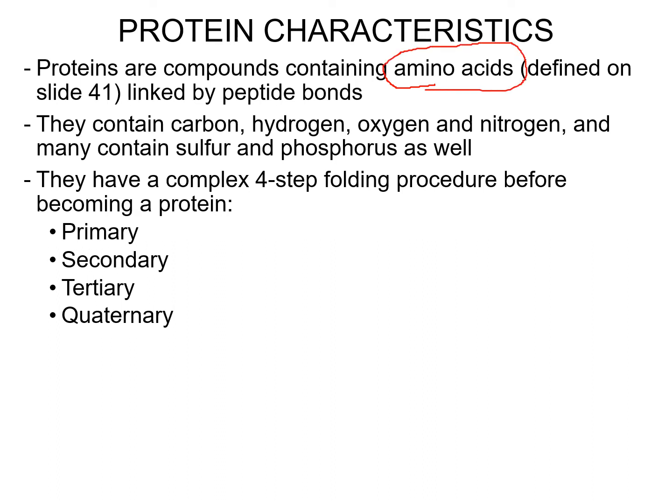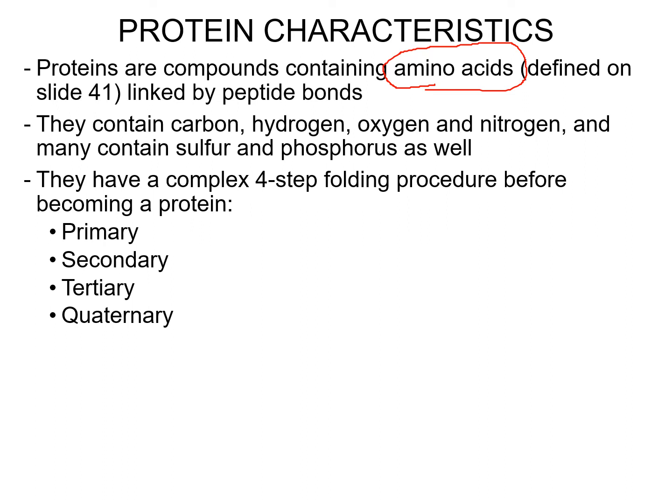You put a whole bunch of amino acids together, you will eventually form a protein. Now, these amino acids are linked by bonds, just like our carbs and our lipids were, and they are formed with dehydration synthesis, just like we've talked about, and they're broken by hydrolysis, just like we've talked about. Nothing changes there. So we'll show you those bonds in a few slides, but in regards to how we build and break these things, it's all the same.